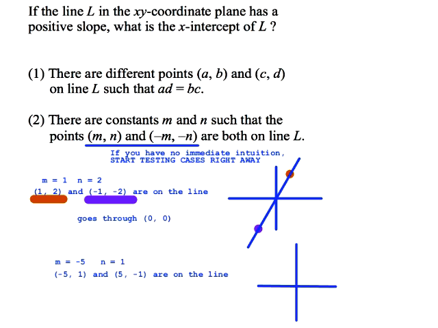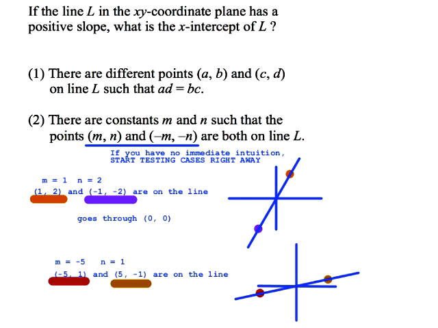Alright. So this point right here is going to be something like that. And this point right here is going to be something like that. And the same relationship. And these are always going to be opposites.